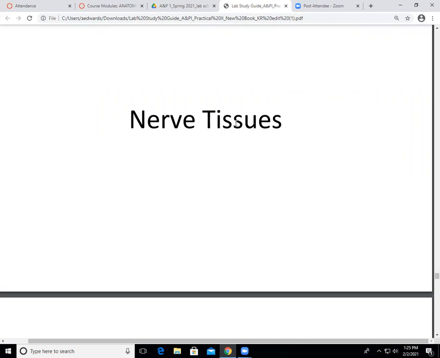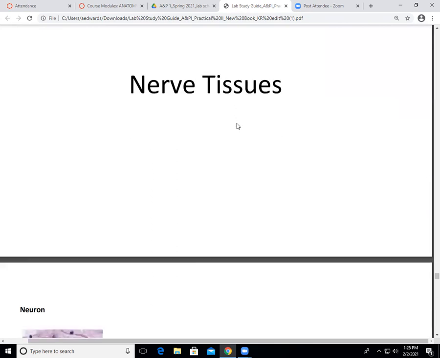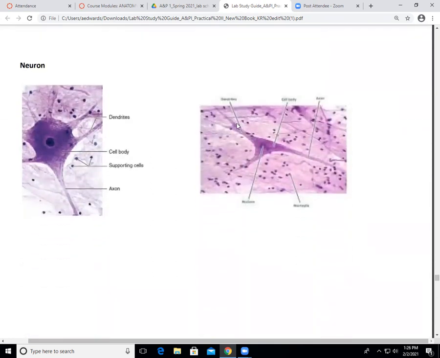All right, which one's found in the heart? Which one's found in the walls of hollow organs? Which one has intercalated discs? Cardiac. Which ones are striated? Cardiac and skeletal. Good. All right, let's finish up with nerve tissues.